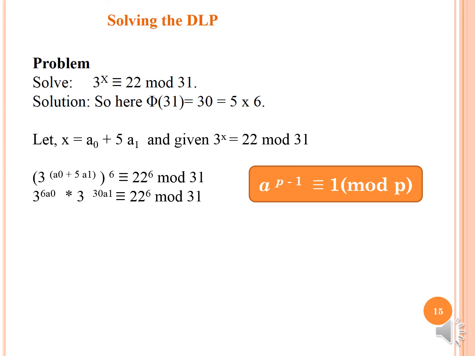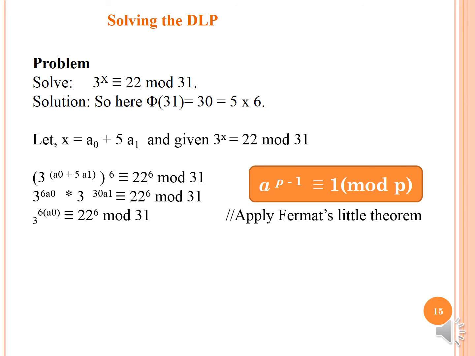So we will get the equation 3 power 6, whole power a0, into 3 power 30 into a1, equal to 20 power 6 mod 31. After simplifying it and applying Fermat's little theorem, we will get 3 power 6 whole power a0 equal to 22 power 6 mod 31.